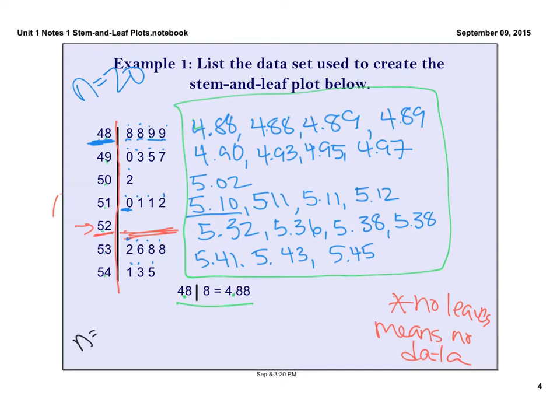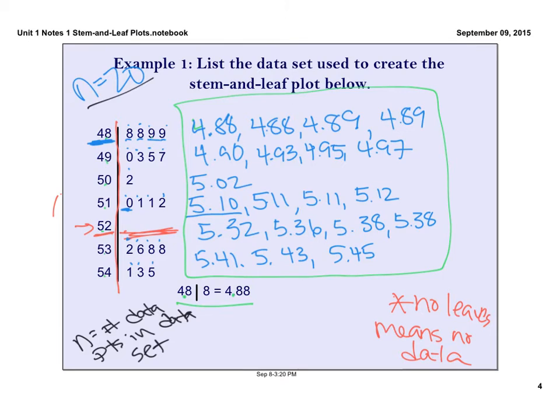N is a variable that we're going to talk about every day in this course. We're going to use N a lot. So N is the number of data points in your set. When I count the leaves, I counted that there were 20 data points.